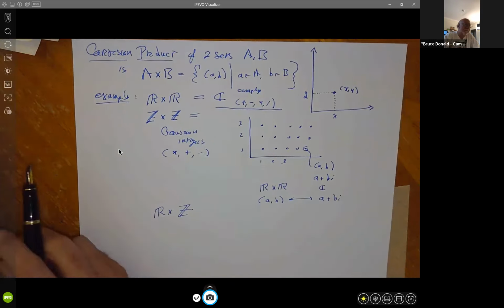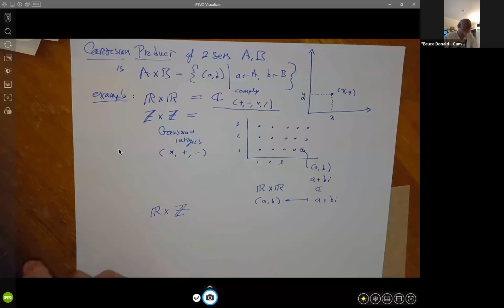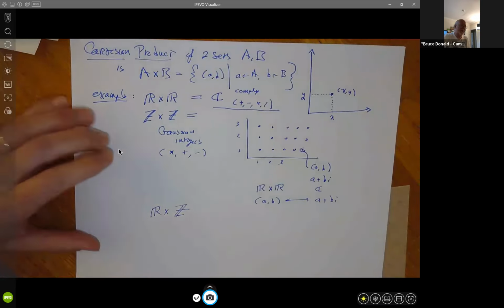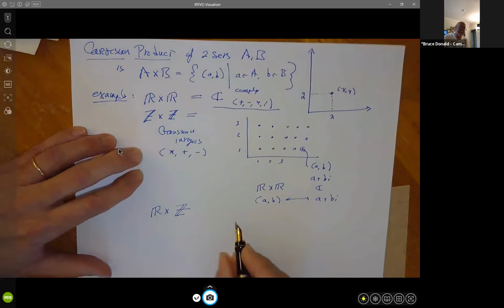Would it be the Cartesian plane, but just the integers for the y-axis? Does the fact that it comes first or second matter in computing the product? The order matters a huge amount.